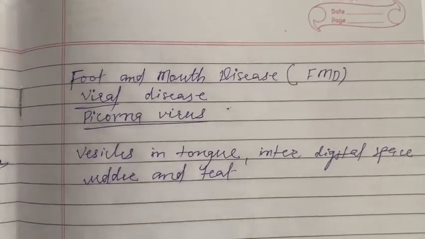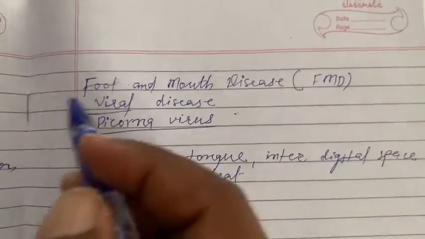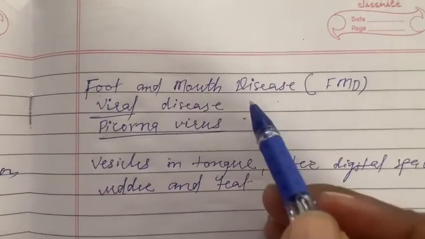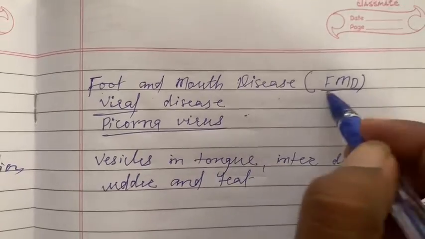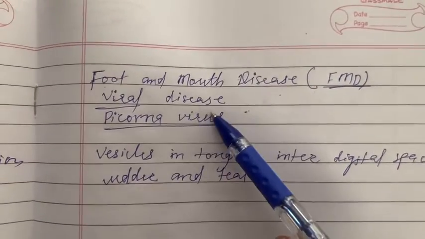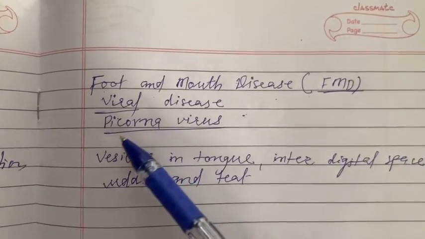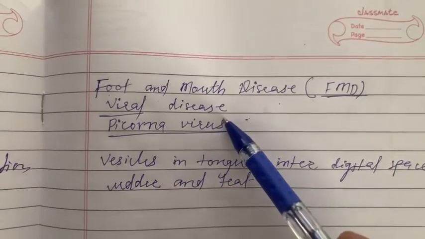I think you have got the idea that today we are going to learn a new disease, that is the foot and mouth disease, also known by the short name FMD. This is a viral disease, generally caused by a virus. The name of that virus is the picornavirus.